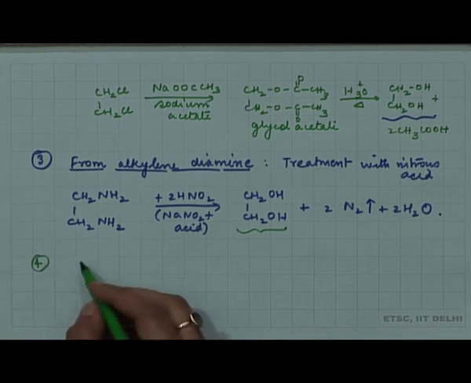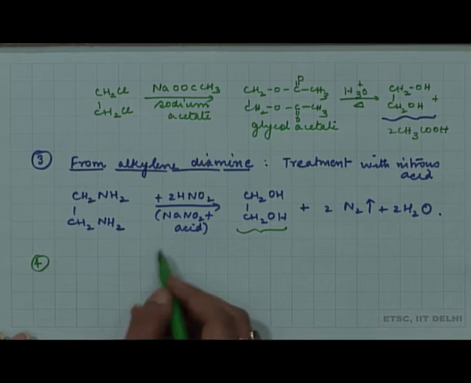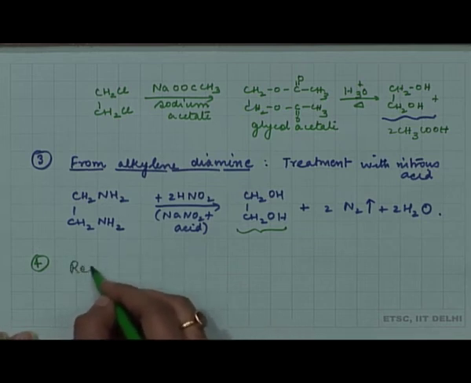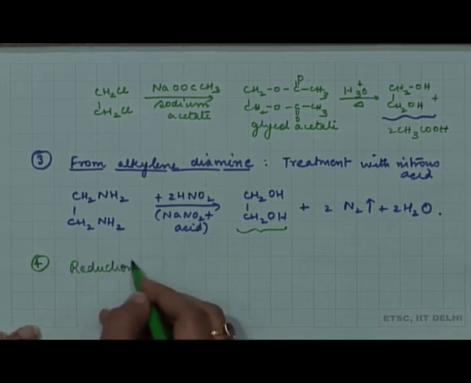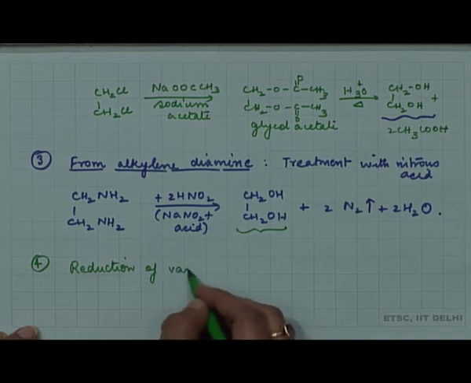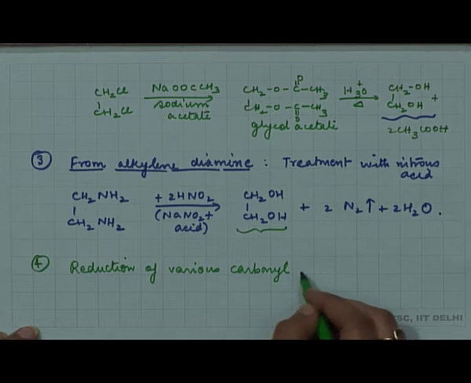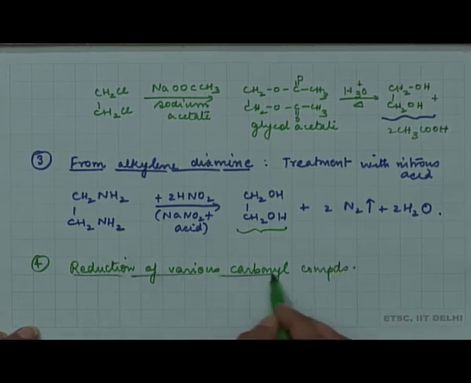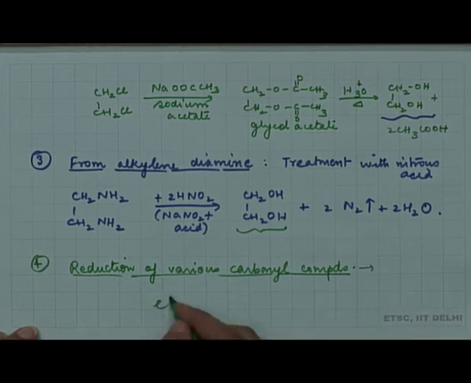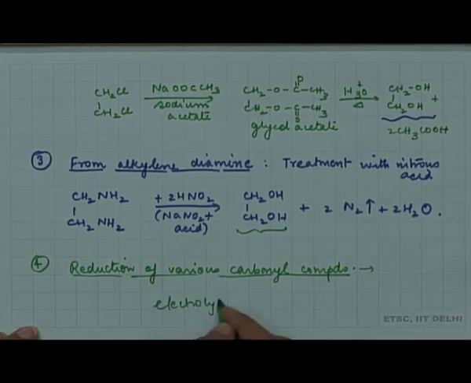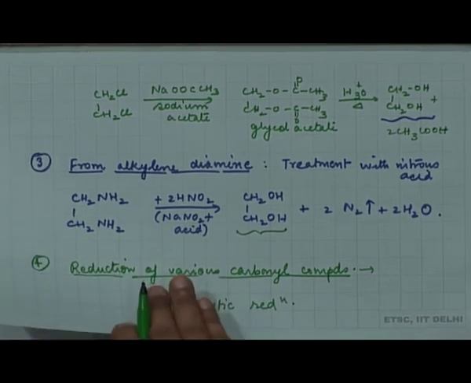Another method is, as we did previously also, reduction of carbonyl compounds to give alcohols, the simplest of all. In this case the preferred choice of reduction is electrolytic reduction of the carbonyl compounds.